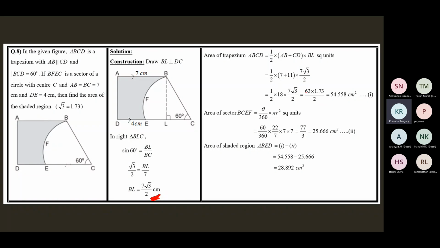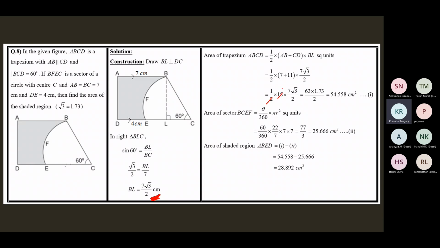I'm so happy that you all calculated by yourself and did not copy it from the screen. That's very nice. Priyanka and Tarun, very good. Half the sum of the parallel sides, 7 plus 11, into the distance between them. Okay, so then half of 18, 7 by 2. What have I done? 63.